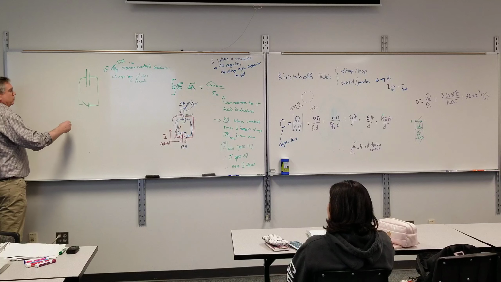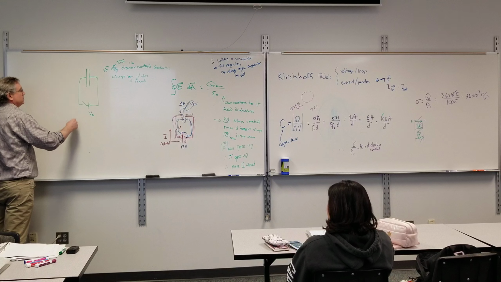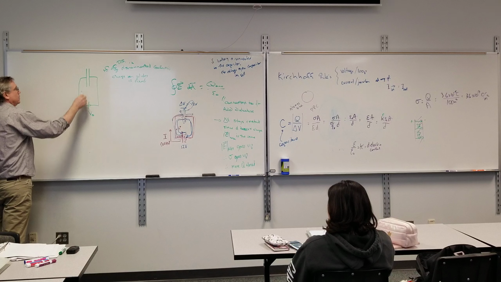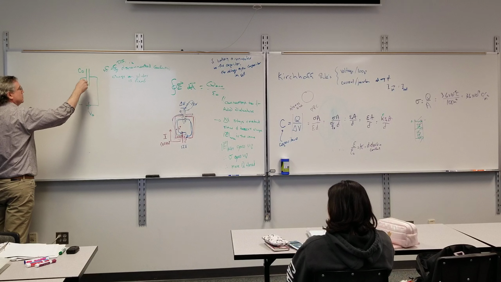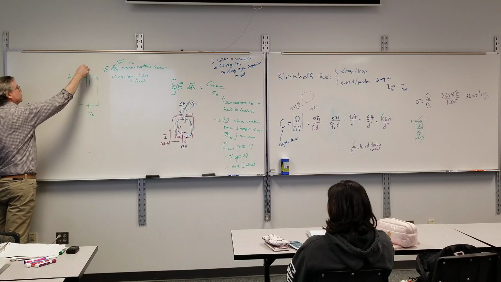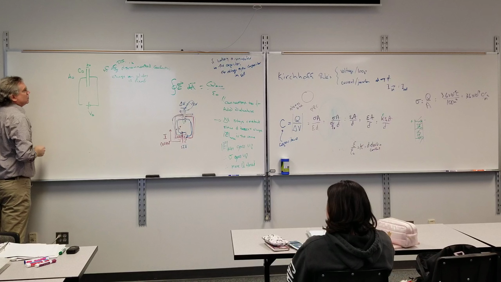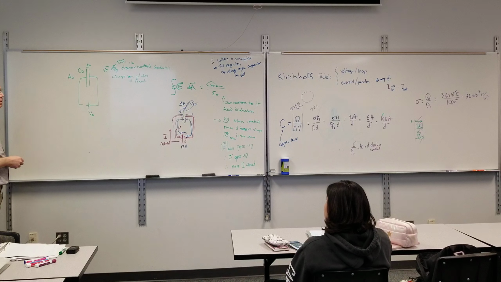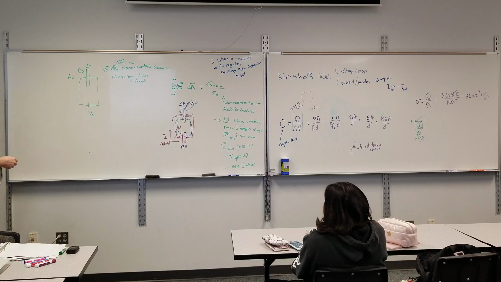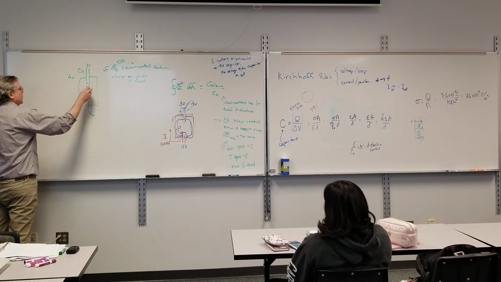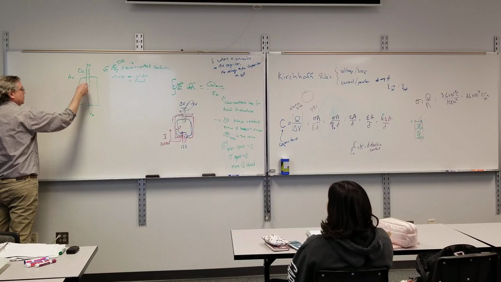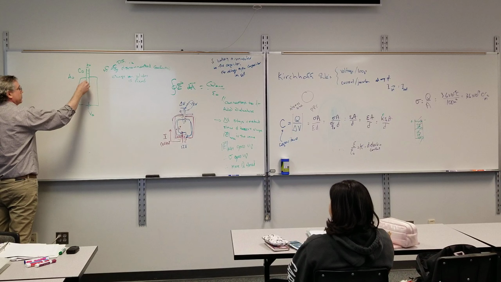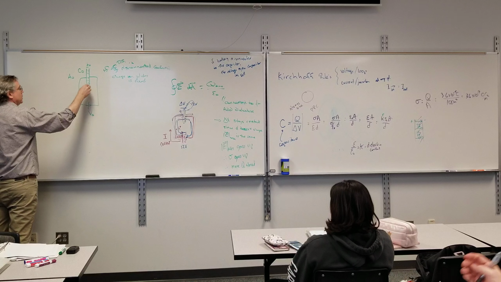So why don't we start out with some initial voltage, some initial capacitance, some initial area, and the distance between them is some initial distance, with nothing in between. I have some electric field. This way I have it set up, once I connect it, I'll have an electric field going this way. I'll have some initial charge and some initial electric field strength.